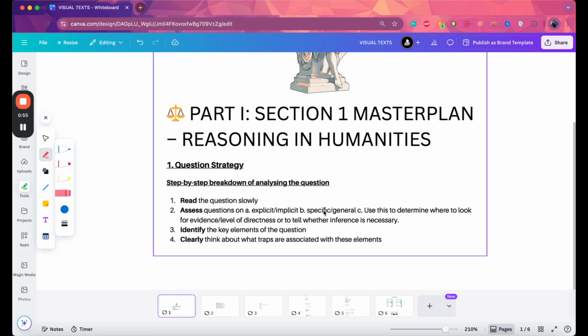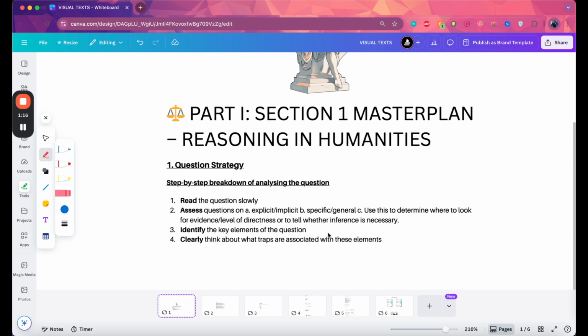Then you're going to have to determine whether it's specific or general. Is it a very specific part of the text I need to consider, or is it more general? Should I be looking at the text as a whole? And then I'm going to use that to determine where to look for the evidence and the level of directness, or to tell whether I should make an inference, and if that's necessary.